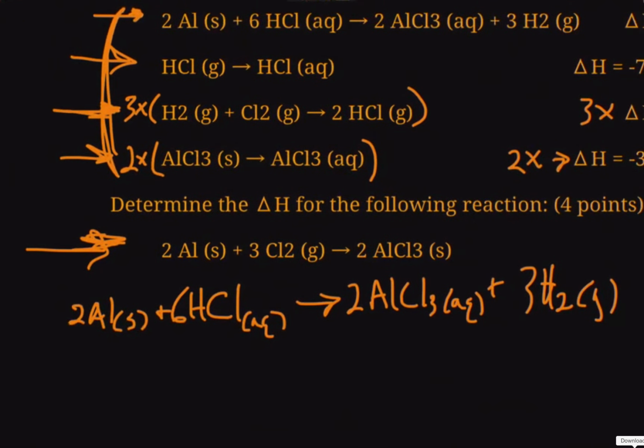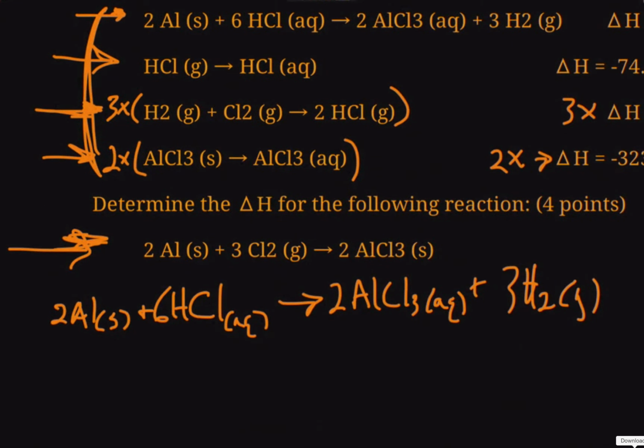The second equation, I'm going to need to multiply by 6, okay, because I have 6 hydrochloric acid here at the top in the first equation, and when I multiply this third equation by 3, my hydrogen chloride gas is going to become 6 as well.